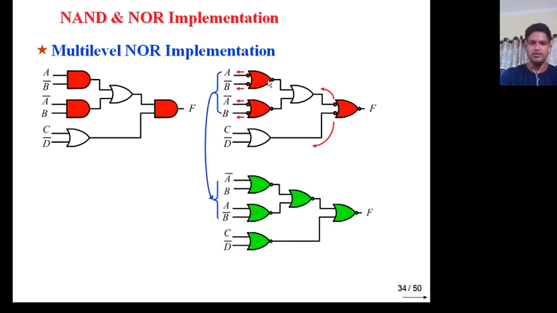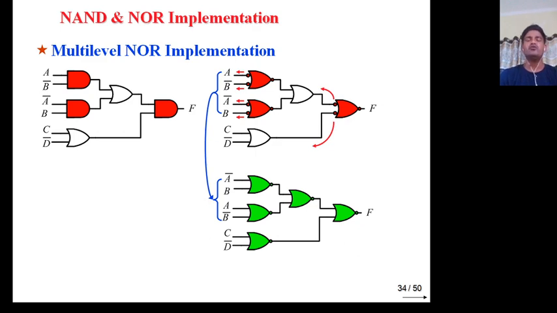Now this is A bar, this is B, because this bubble and this neutralize each other, so only B. Similarly A and A bar, this is your B bar, this is C, and this is D bar, and in this way you can implement a multi-level function by using NOR implementation.